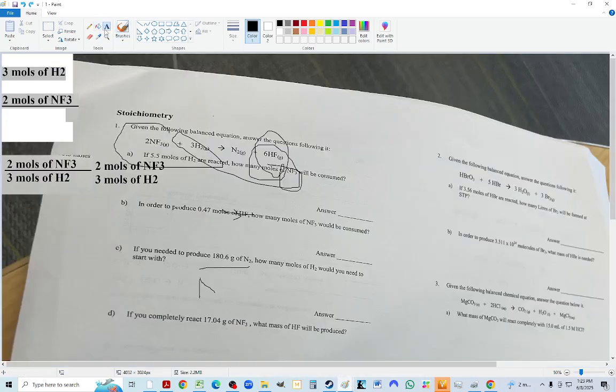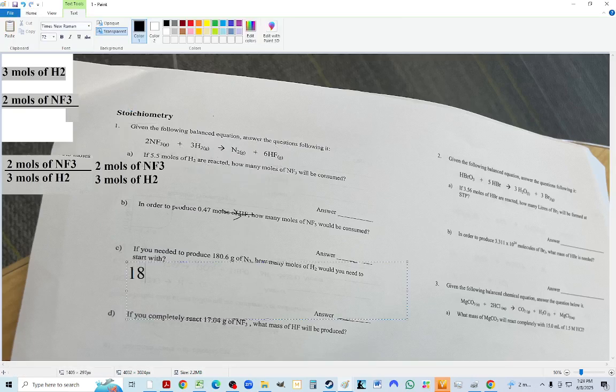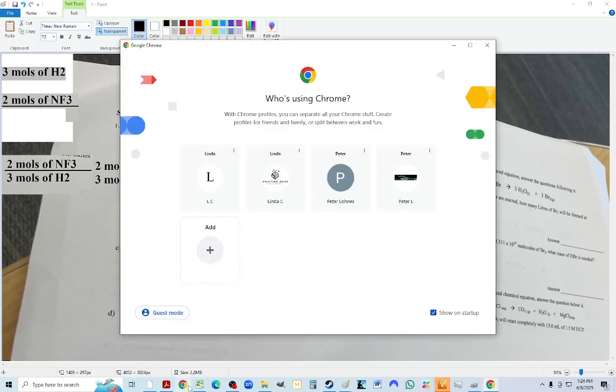In this question, I take 180.6 grams, and I have to divide it by the atomic mass, and be careful, it's not of N, it's of N2. That's when you should always have your periodic table, and they'll give you one on the test for sure.